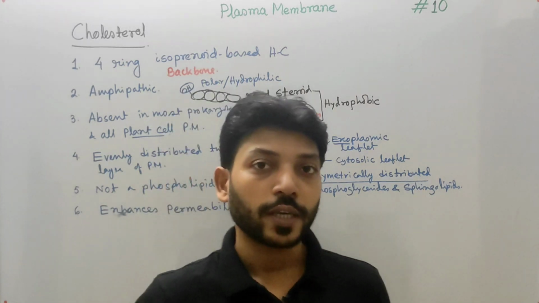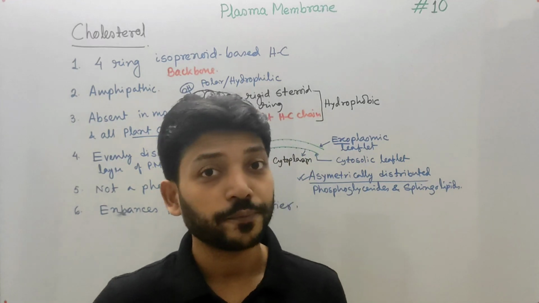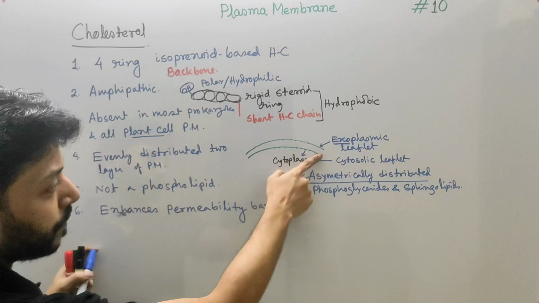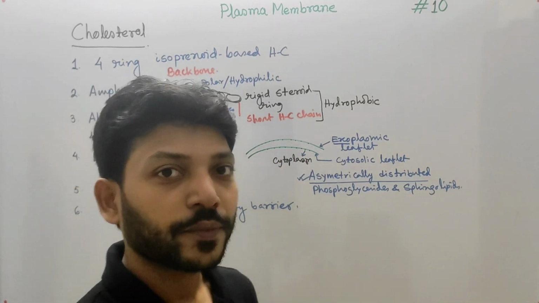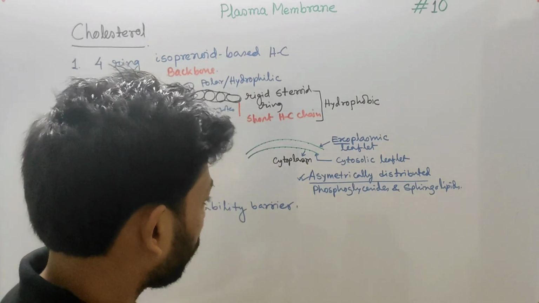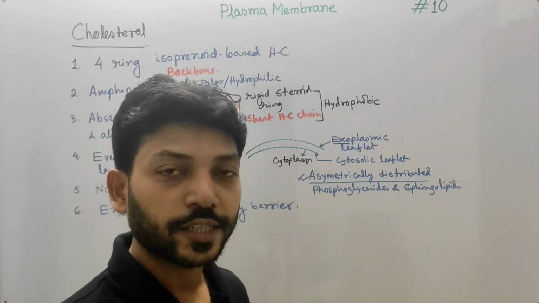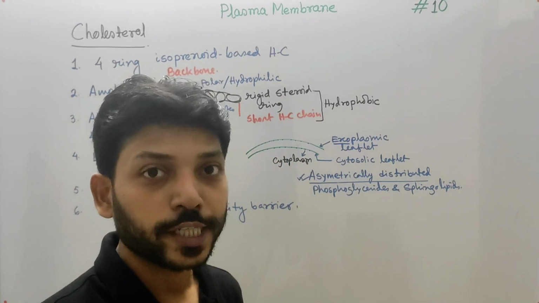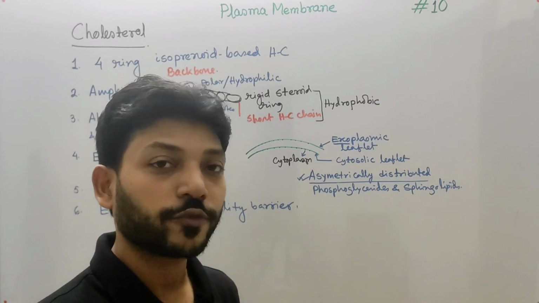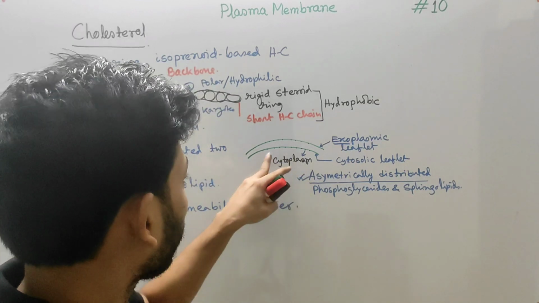A permeability barrier does not allow most water soluble molecules to enter without any assistance. This lipid bilayer of the plasma membrane prevents polar molecules from getting into the cell or out of the cell, because the plasma membrane is lipid in nature, and lipid means non-polar, so it will prevent polar molecules. So water soluble molecules like glucose, fructose, or even any charged particles are prevented by the lipid barrier.